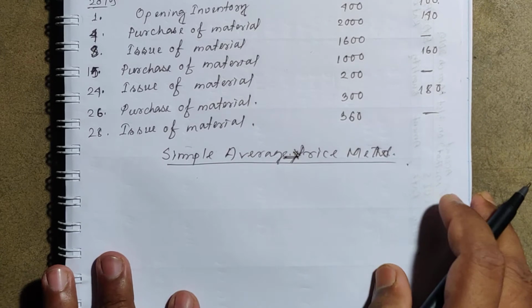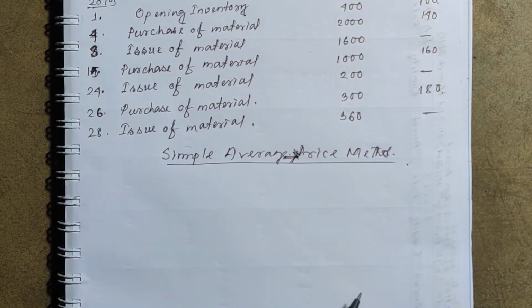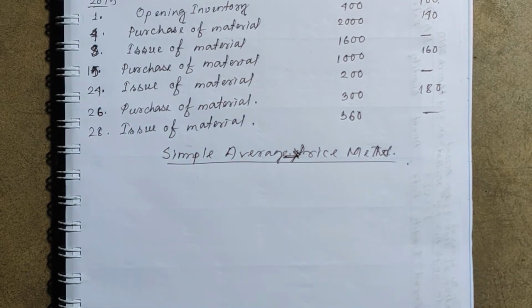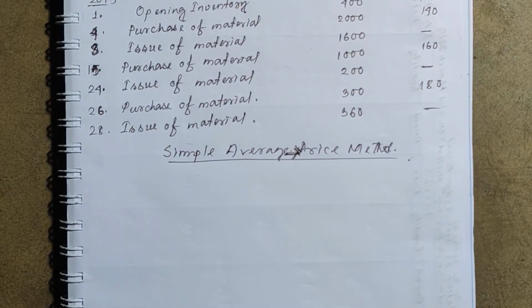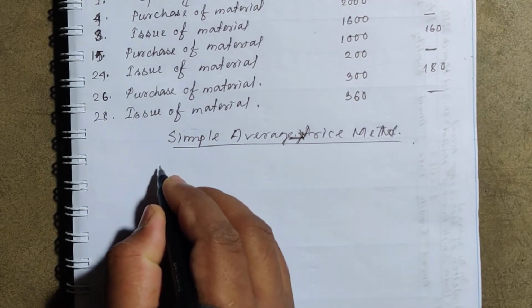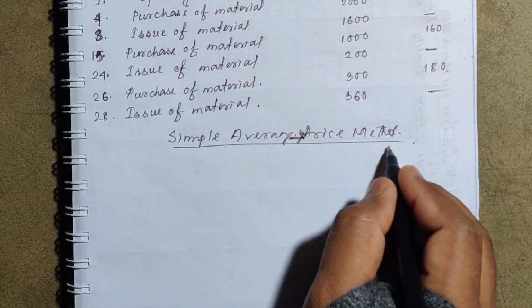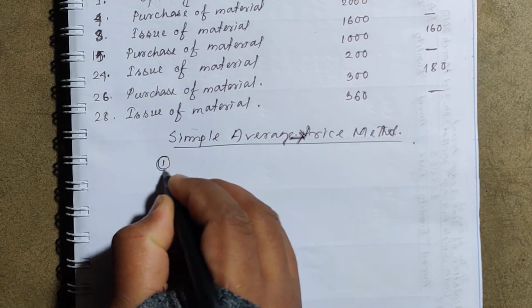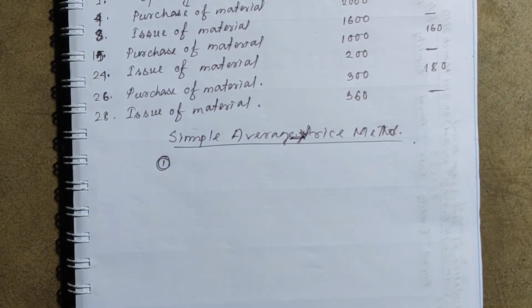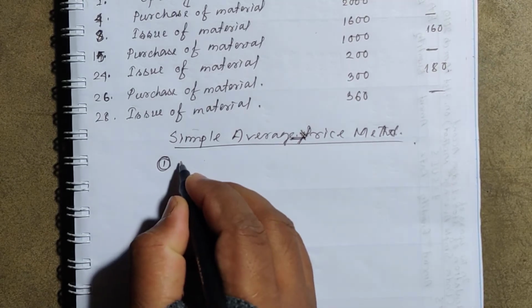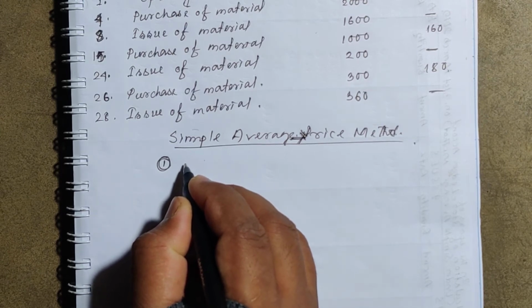And friends, there is an important point for solving the simple average price method. We have to understand two things. First, as here purchase is present and issue is present, at first we have to do the issue.